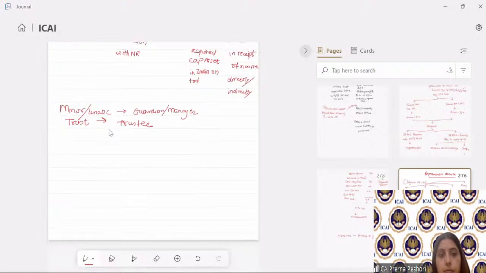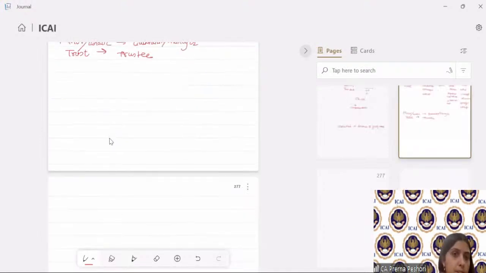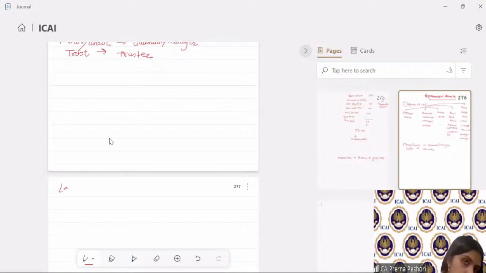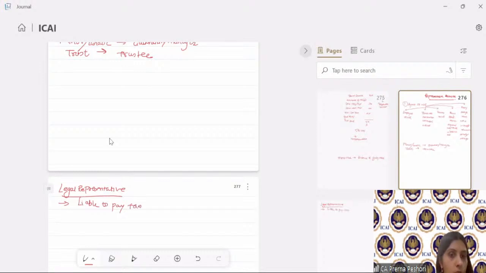Is that clear? For the legal representative, I'll give the points. This you can just refer to on your last day also. So legal representative is liable to pay tax or the sum.